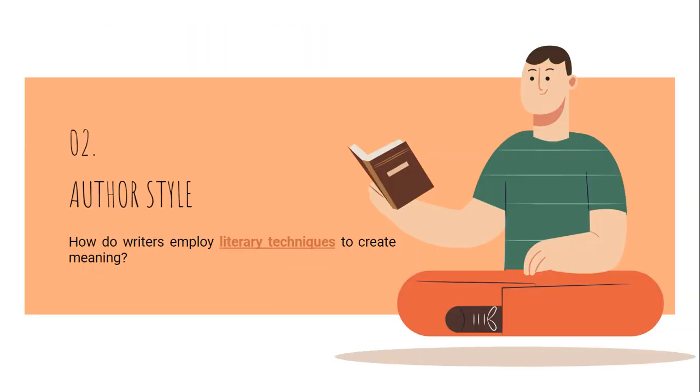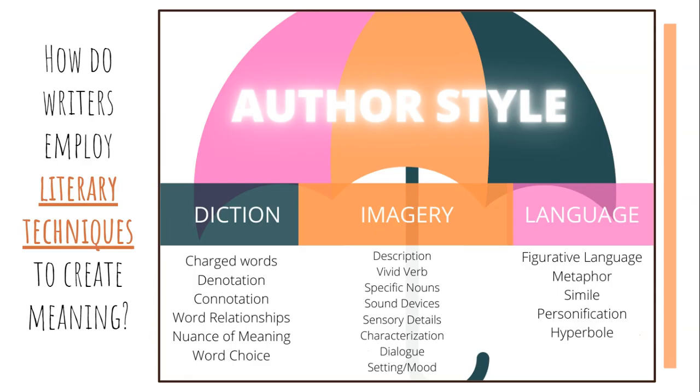Now, author style to me is really a big umbrella term that literary techniques is related to. So I want to really sort of help you see that an author's style is created by the literary techniques the author chooses to use. So I've got three big concepts for you: diction, imagery, and language.